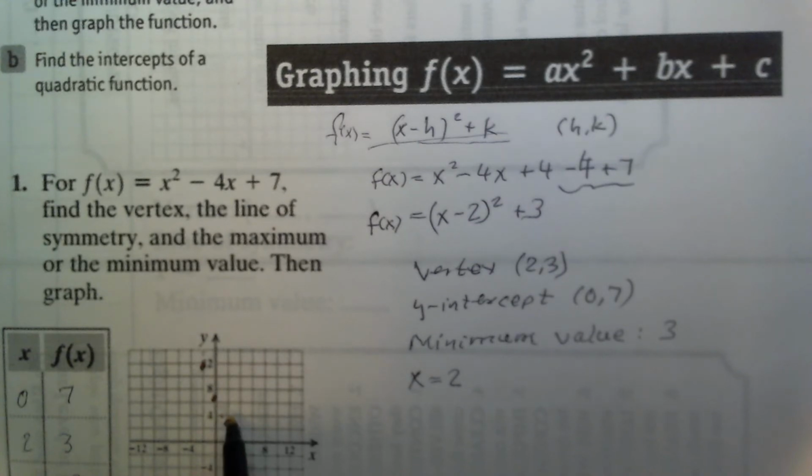And then since this is the line of symmetry, we know that the points are symmetric about the line of symmetry. So it would be here and there, and up at 12 would be over here. So we can graph the parabola.